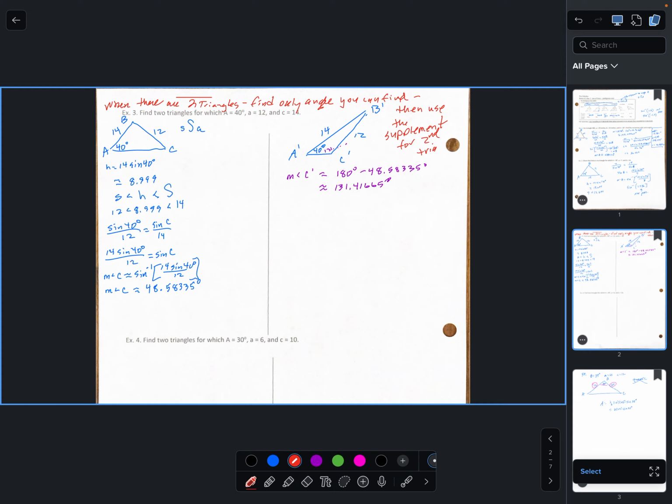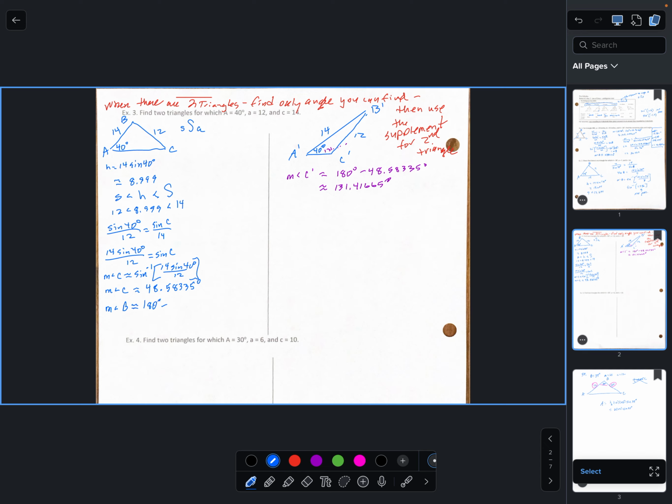And the second triangle, for the second triangle, you just go through the same thing. You need the measure of angle B prime, and that's going to be 180 minus the 40 degrees plus the 131.41665, and that is 8.58335.